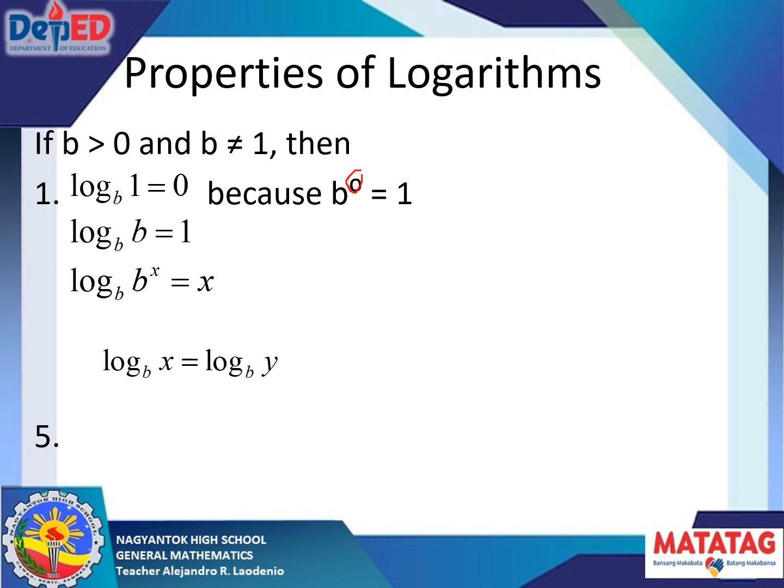This is one of the properties of exponential functions, wherein any number which has a 0 exponent equals 1. Another property is that the log of b to the base b is always 1. For example, we have b raised to 1. Any number which has the exponent of 1 is the number itself. So that's why we have here the same b.